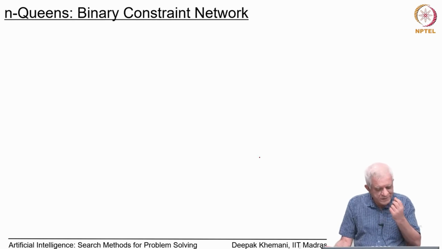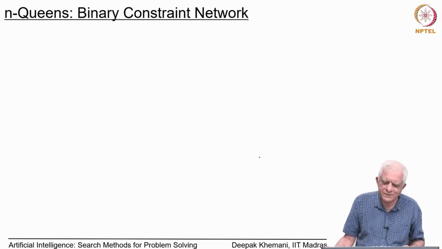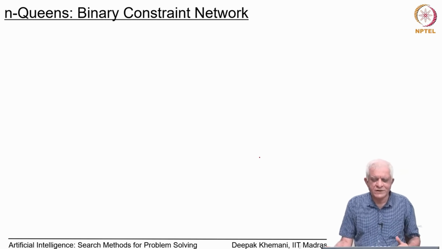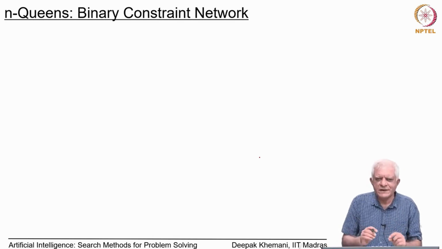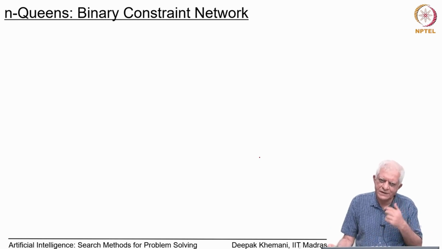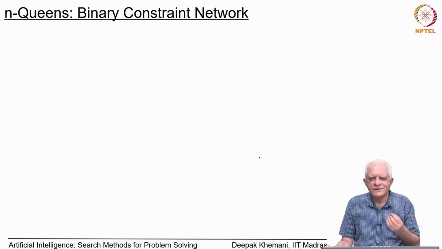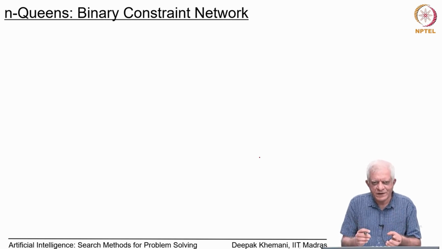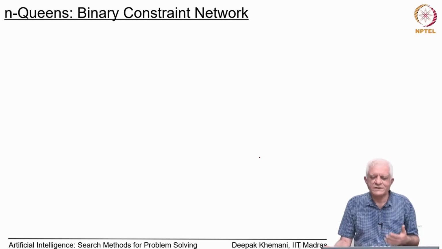So, if we express the n queens problem as a binary constraint network, which basically means that we tell you the relation between placing 2 queens, let us say the queens are labeled A, B, C, D, E as I said, how can you place A and B, how can you place C and D and that kind of thing. So, it is a binary relation.